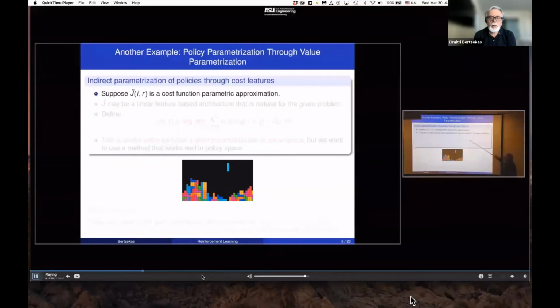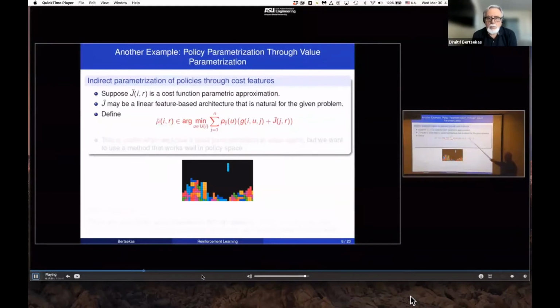And once you have this J tilde, then you can define a policy parametrization through this look-ahead minimization. So I know a good J tilde somehow because I have good features. I don't know the weights, but I stick it in there, and that defines a policy parametrization. So now we may try to find optimally the weights of the policy by using a policy optimization method.